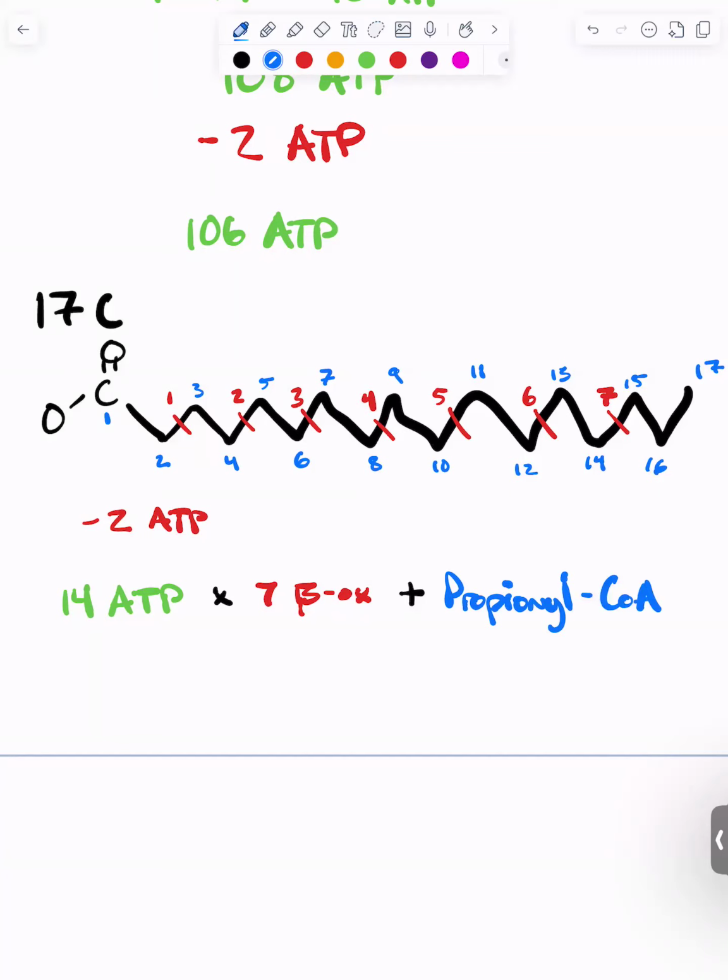So what's the deal with propionyl? How many ATPs is it worth? And net, it is only worth 4 ATPs. But let's determine why, because the steps of why it's 4 ATPs is important. Acetyl-CoA is worth 10, propionyl-CoA is worth 4. Why is that?